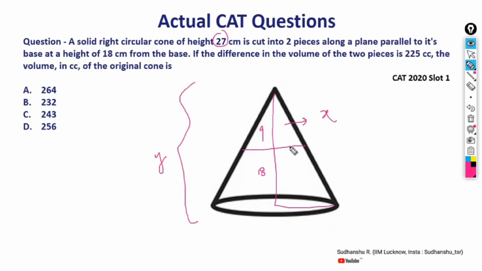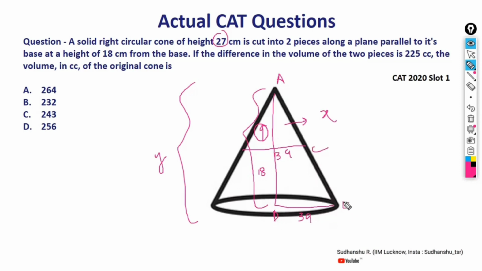Quite clearly, if this is A, the radius of the smaller cone is A, the radius of the bigger cone will become 3A. Why? Because the height here is 9. The bigger height is 27. The ratio will be the same, in case of similar triangles. So for example, this is ABC and this is DE.